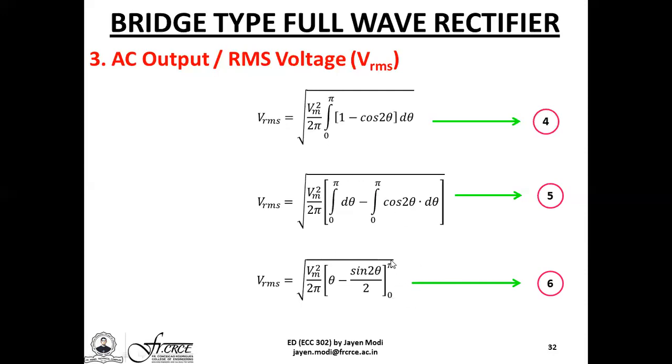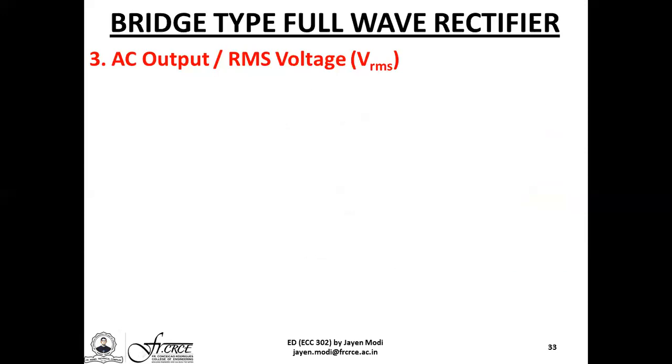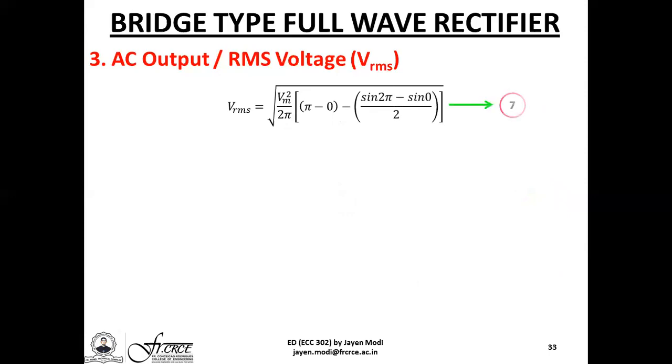From equation number 6, if we put the limits of 0 and pi back into the equation, we get VRMS is now equal to square root of Vm square upon 2 pi brackets open, theta is now replaced with pi minus 0, brackets closed, minus brackets open, sine 2 theta upon 2 is simply replaced with sine 2 pi minus sine 0, the whole term divided by 2.